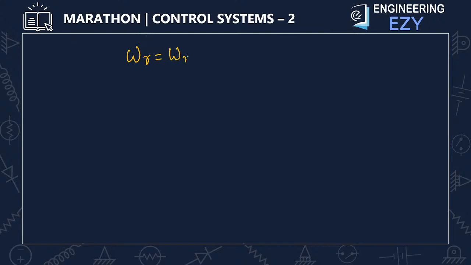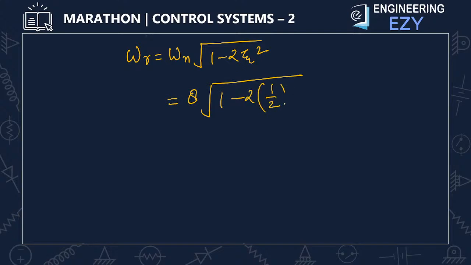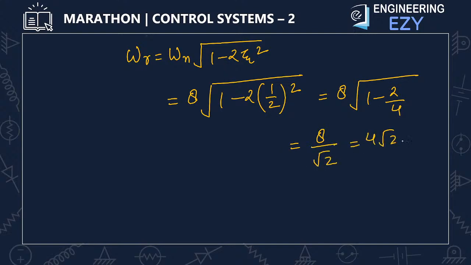Resonant frequency is omega n under root 1 minus 2 zeta square. Omega n is 8 under root 1 minus 2 into (1 by 2) whole square. So you get 8 into root of 1 minus 2 by 4, 1 minus 1 by 2, which is 1 by 2, so 8 by root 2. 8 by root 2 is 4 root 2, 4 multiplied by 1.414.